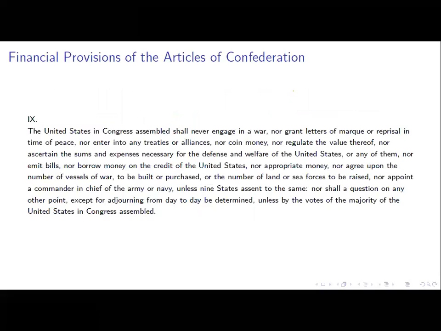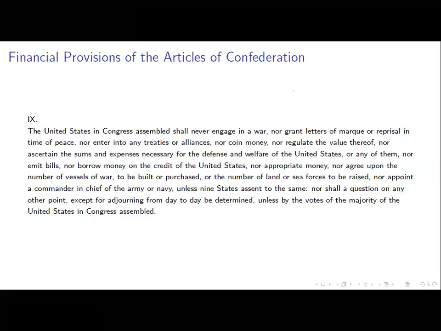Never engage in a war, never grant letters of marque or reprisal, never enter into any treaties or alliances, nor coin money, note this phrase, coin money, nor regulate the value thereof, nor ascertain the sums or expenses necessary for the defense and welfare of the United States or any of them, nor emit bills, nor borrow money on the credit of the United States, nor appropriate money, nor agree upon the number of vessels of war to be built or purchased, or the number of land or sea forces to be raised, nor appoint a commander-in-chief of the Army and Navy, unless 9 states assent to the same.